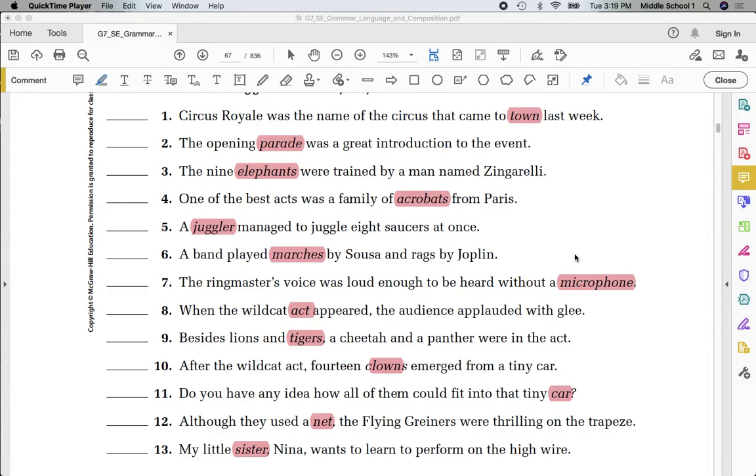Take a minute and do that for these 13 sentences. Only the italicized words. You'll be remembering if it's italicized, the font is slightly slanted.